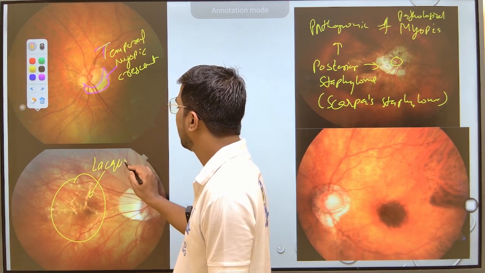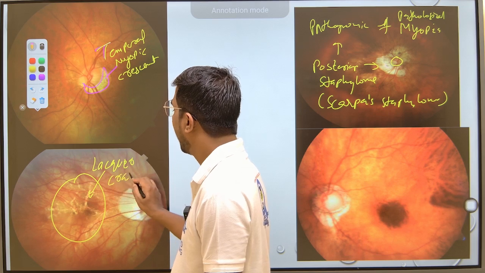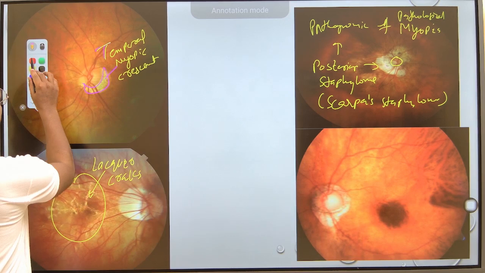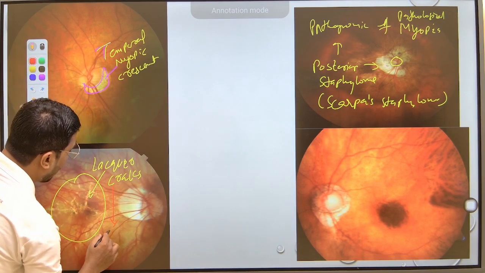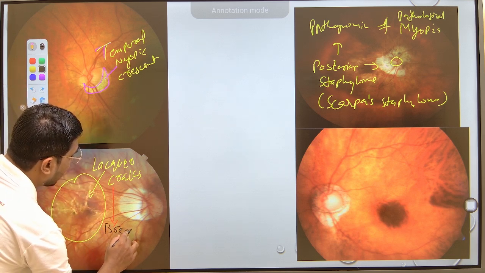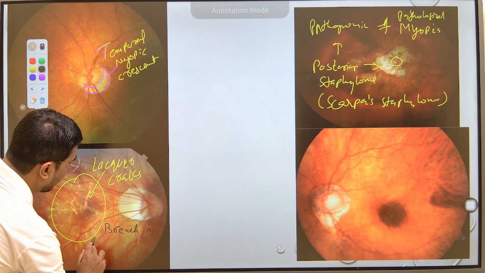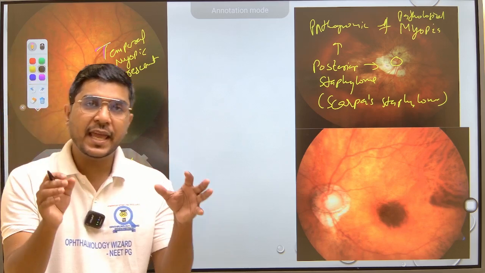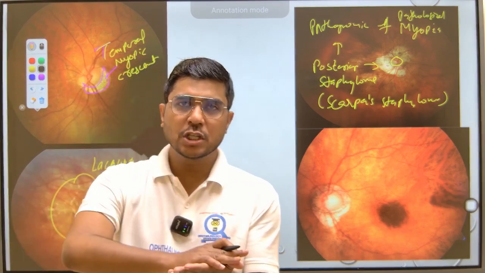Why do lacquer cracks occur? It is because of breaks or breaches in Bruch's membrane.